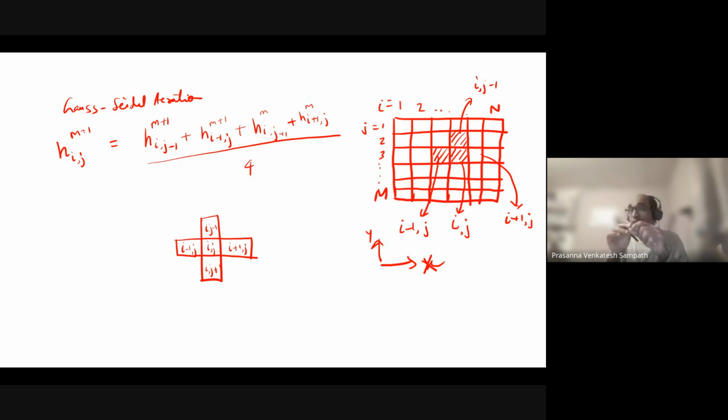I have not yet reached I plus 1 comma j. So I only have the previous old value. So therefore, in the Gauss-Seidel iteration method, I do the simple operation of using the value in those cells at which an updated value is available. I use it, and where an updated value is not available, I don't use it, right?